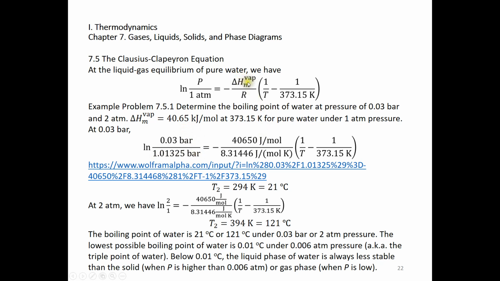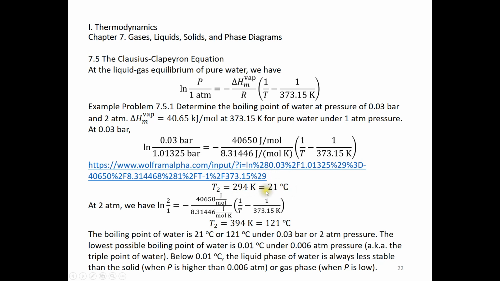We plug in the enthalpy of vaporization and then R here, and then 1 over T minus 1 over 100 degrees Celsius. We see only one variable here. We can solve this equation easily. I used Wolfram Alpha to solve this equation. We get temperature 294 Kelvin, that's 21 degrees Celsius.